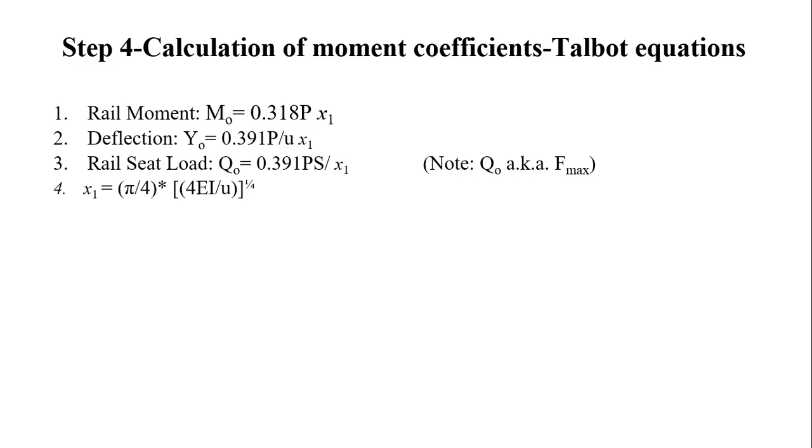Now, you can see from serial 1 to 2, 1 to 3, there is an unknown, that's x1. You need the elasticity modulus, the moment of inertia of the rail section, as well as the track response U that we discussed previously.